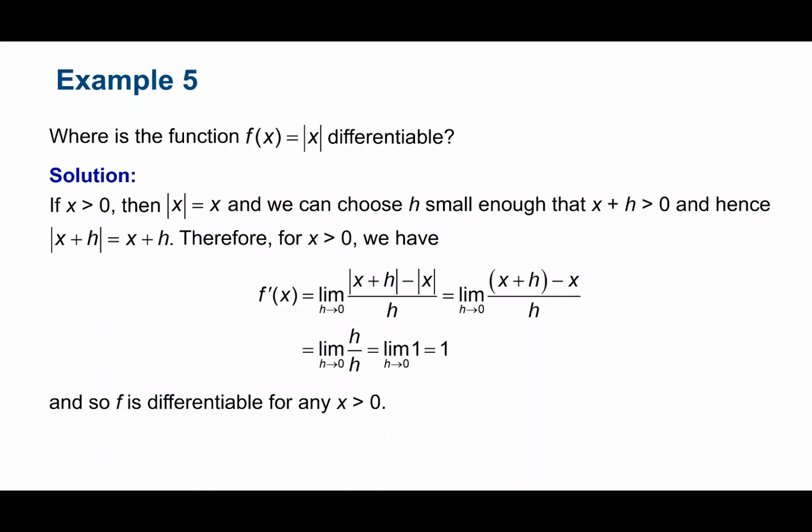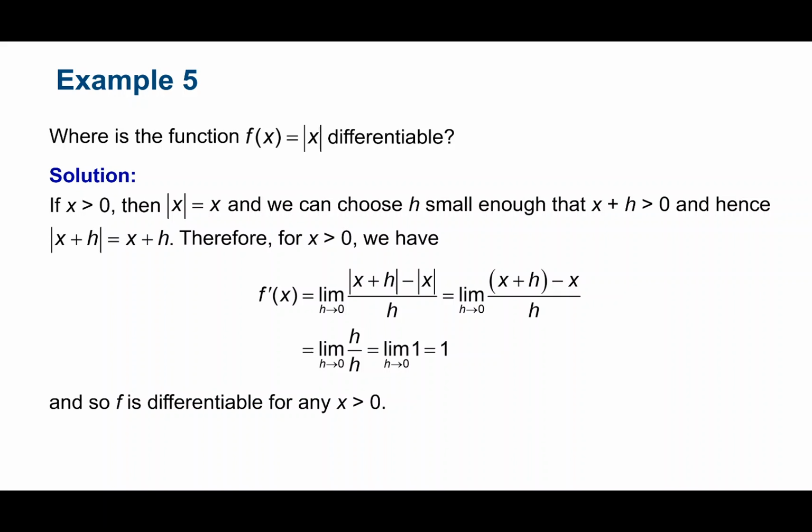So if we think about the positive x values, the positive side of our graph, then we can simplify things. Instead of thinking about the absolute value of x, we can just think about y equals x, f of x is x. So if we think about finding the derivative, our derivative anywhere where x is bigger than 0 is going to work out to 1.